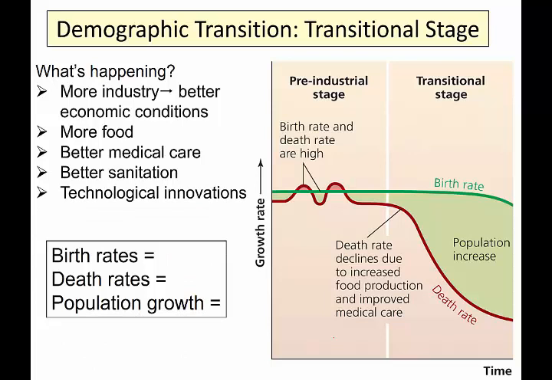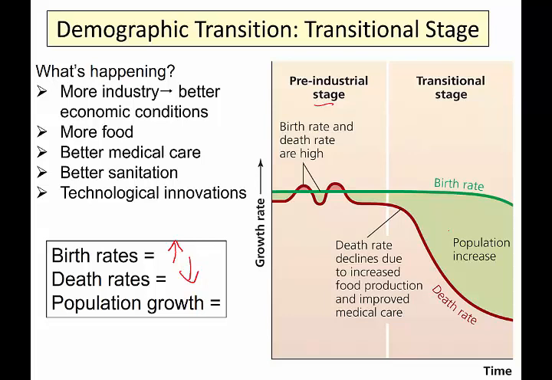If we look at the curve again, we'll see we passed through the pre-industrial stage where birth rate was high, but so was the death rate. And now we're in the transitional stage where the birth rates are still pretty high, but the death rates are starting to go down.